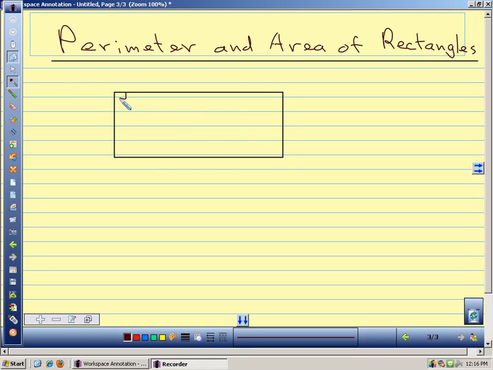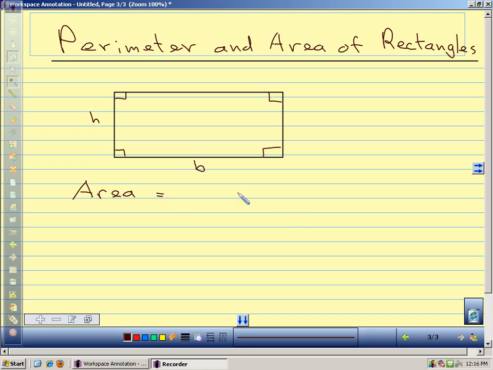and we know this is a rectangle because we're saying these are all right angles. And I'm going to call this side B and this side H for base and height. The area. How do we find the area of this rectangle?